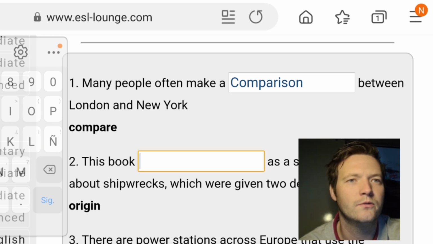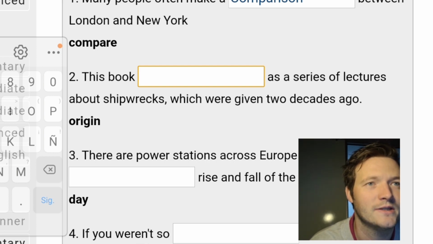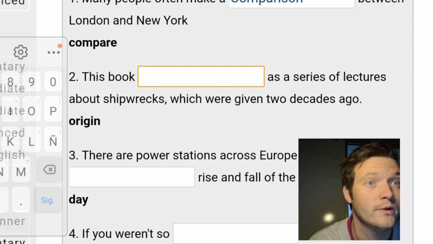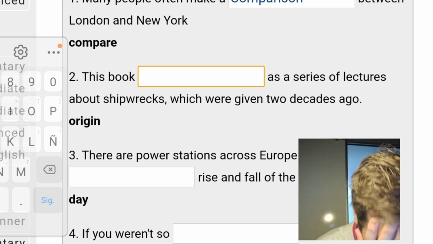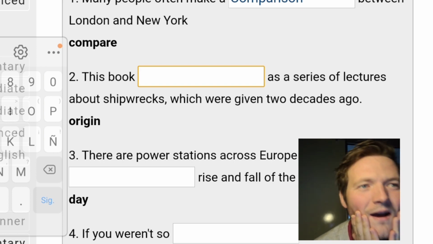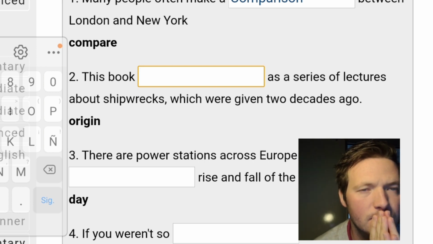Let's go to number 2. What does it say here? This book origin as a series of lectures about shipwrecks which were given 2 decades ago. So it did something as a series of lectures about shipwrecks. I think it started.